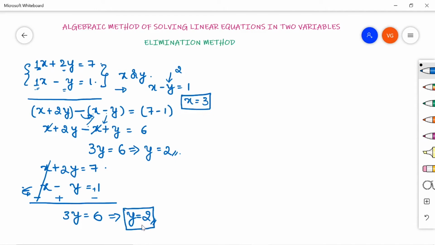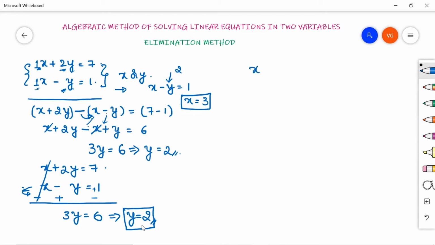Now, suppose the coefficients are not equal. See, in the second term, that is the y variable, here it is 2 and here it is 1. If you want to eliminate y but the coefficients of the variable are not equal, then you have to make the coefficients of the variable equal by multiplying the equations with an appropriate constant such that both the coefficients of y are equal.